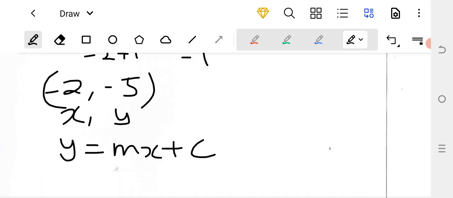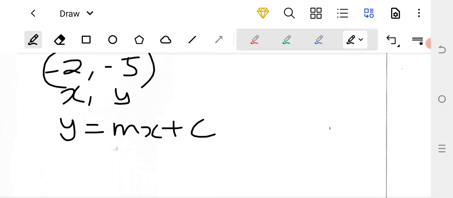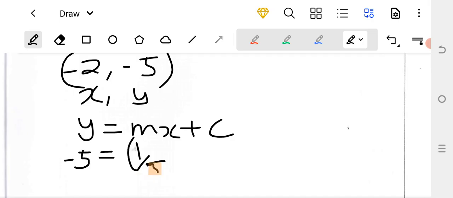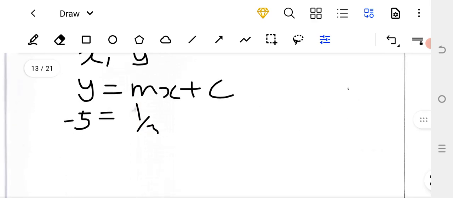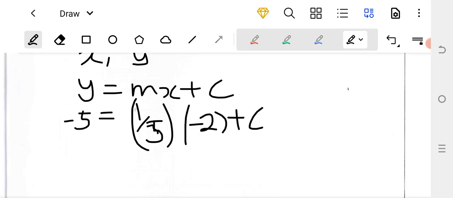To continue, where there is x, we're going to put -2, and where there is y, -5, is equal to our m, which was 1/5, multiplied by x, which is -2, plus c. I'm trying to write the number 5, but it's not allowing me to write 5.